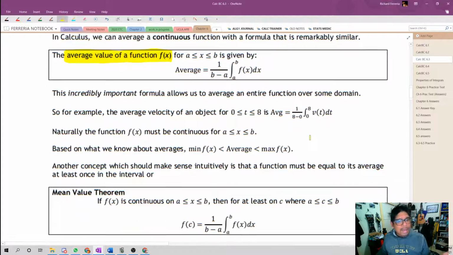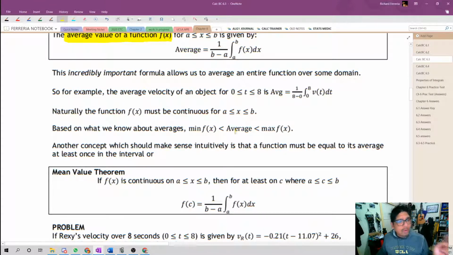Okay? And based on domination, we can say that the average has got to be bigger than the minimum of f, and it's got to be smaller than the maximum of f. Which kind of makes sense. If my average speed on a drive to San Diego is 62 miles an hour, then that 62 miles an hour has to be bigger than my least speed on the freeway, and smaller than my maximum speed.